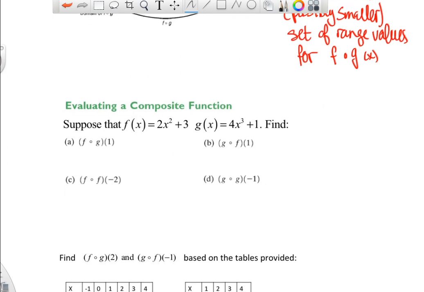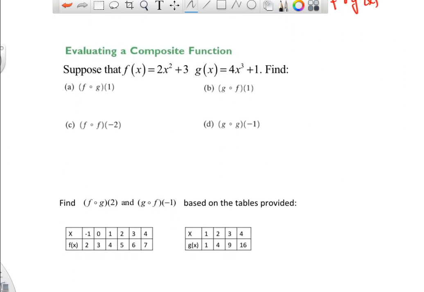So how is that going to work? Suppose we were given these two functions, f of x and g of x, and then we need to find f of g of 1. This just means figure out what g of 1 is.